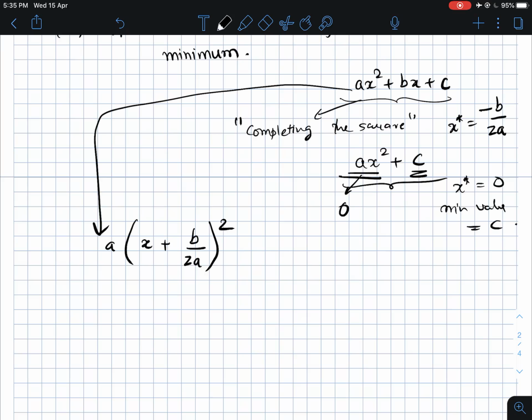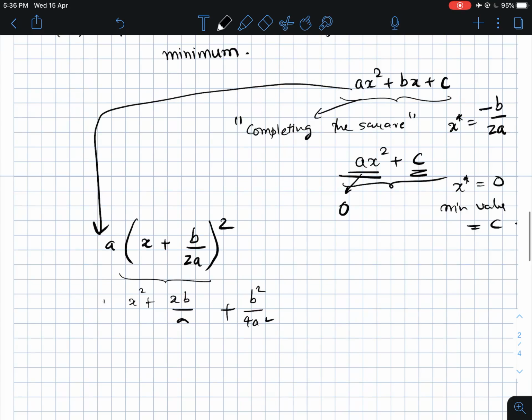Now when you expand this, you will of course get x square. But you will also get b square by 4a square, and you'll also get the term xb by a. So when you multiply it with a outside, you'll get ax square plus bx, plus something else.